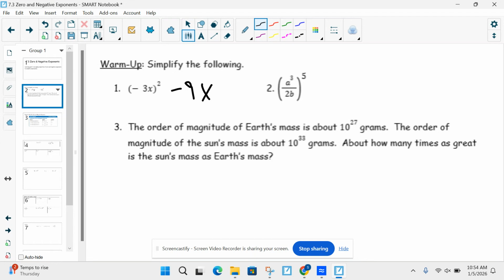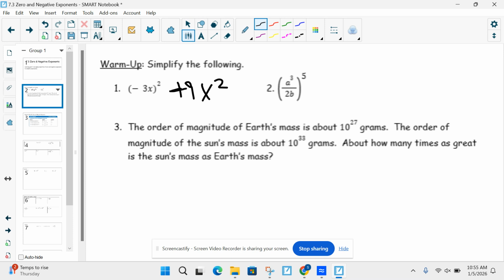For what? The x, yeah. So it should be 9x squared. And then, what's the other thing that he messed up on? Yes, Max, since the exponent was even, the negative sign should cancel out. So it should be positive 9x squared, since the negative was in the parentheses.